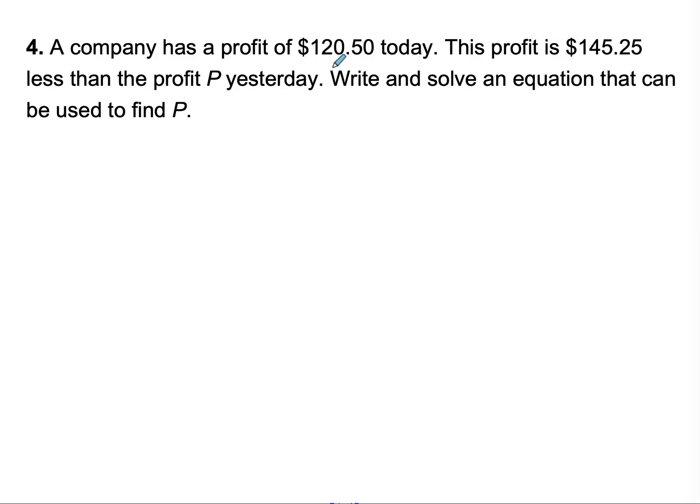Okay, let's check our answer. So I've got the $120.50. I have my equals. $145.25 less than means subtraction, and then the P. So we're going to just write it all out as an equation here. 120.50 equals, and this less than, remember, means that this doesn't come first.